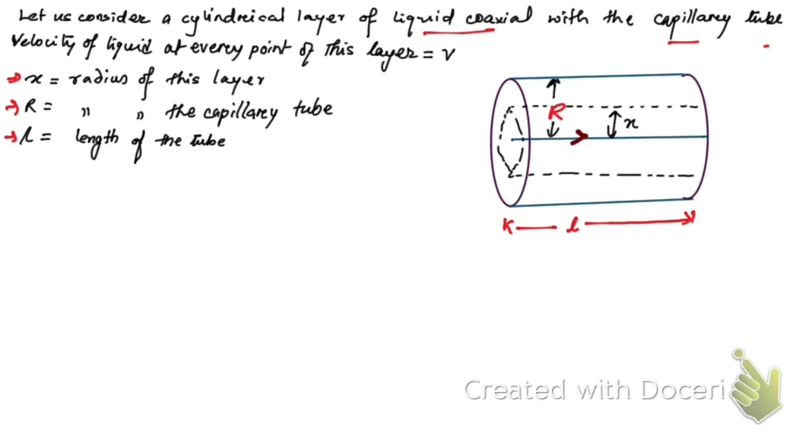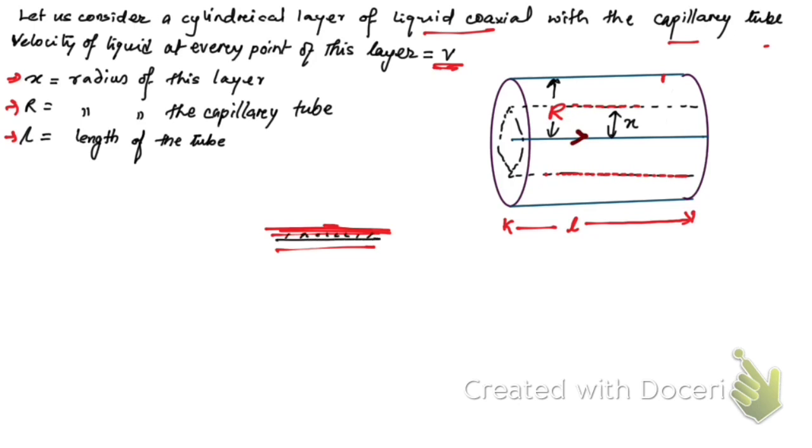At every point of this layer, the velocity of liquid will be the same, that is, I have considered v. But velocity changes when you move from the walls towards the axis, due to viscosity. Suppose this is the wall of this tube and this is a layer of liquid in contact with this wall.